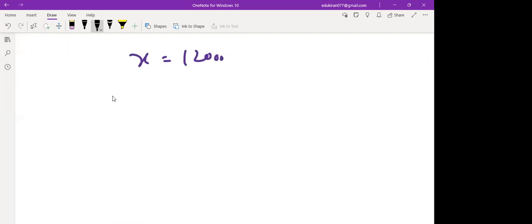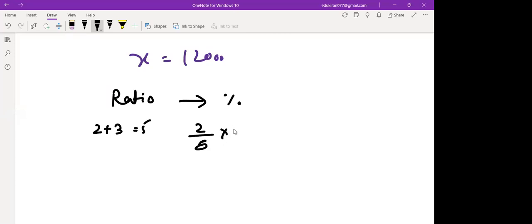See, I am repeating myself. For example, you have to convert the ratios into percentage. If the ratio is given to you, first you will add the ratio, for example, 2 and 3 is 5. So you have to find 2 by 5 multiplied by 100, and you got the percentage, right?